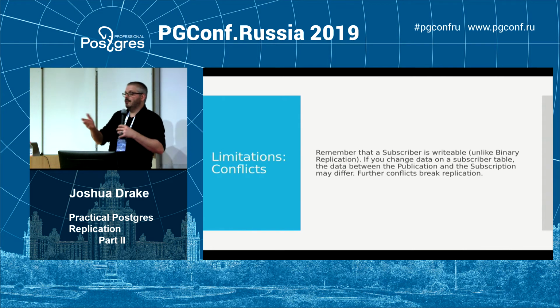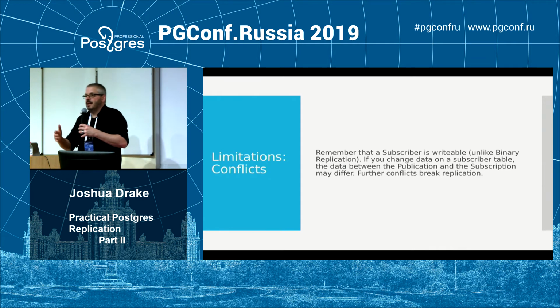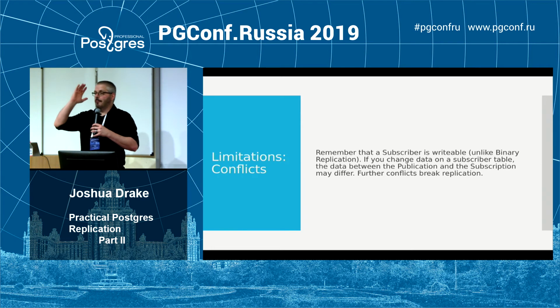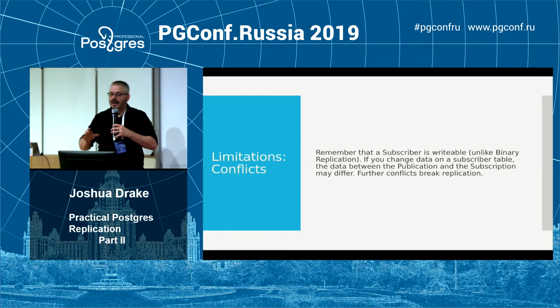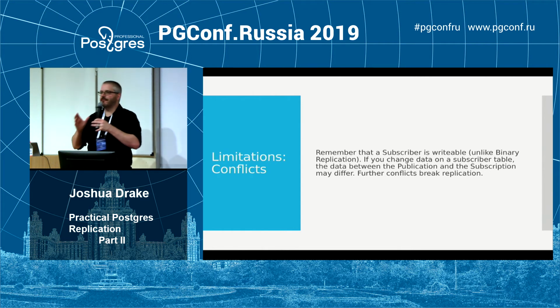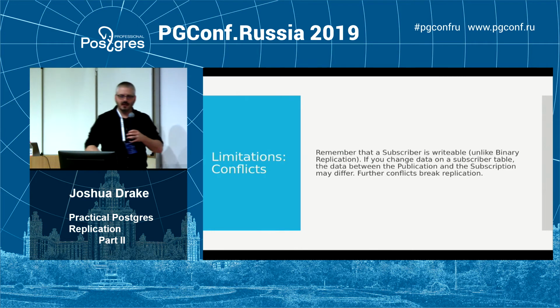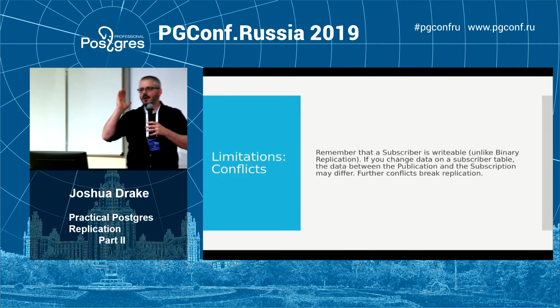Also, you could, if you wanted to, for whatever reason, just say update foo set bar to 1. And then all that data updates, and the publishers don't know or care. So you can break your app. That's actually by design because you get a lot of features that way. There's a lot of things you can do. But the problem is, let's say you update everything on the subscriber.